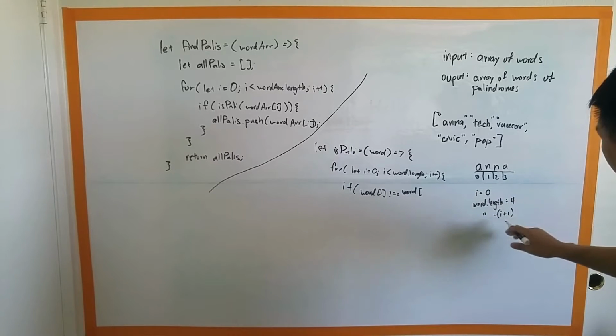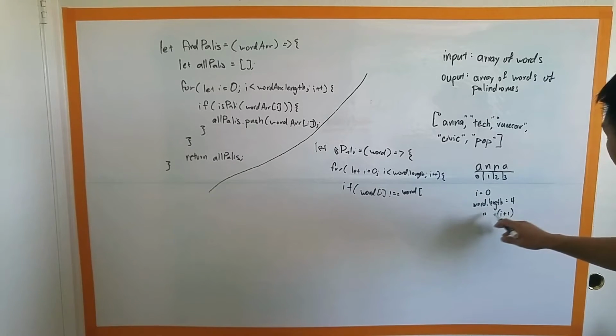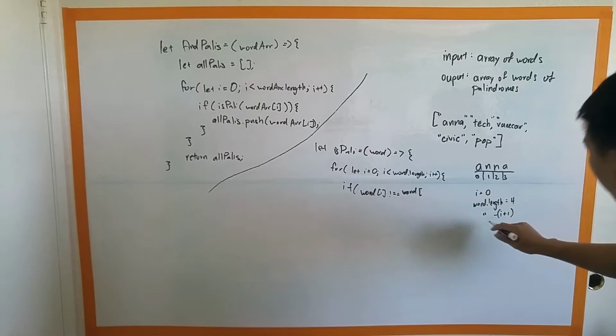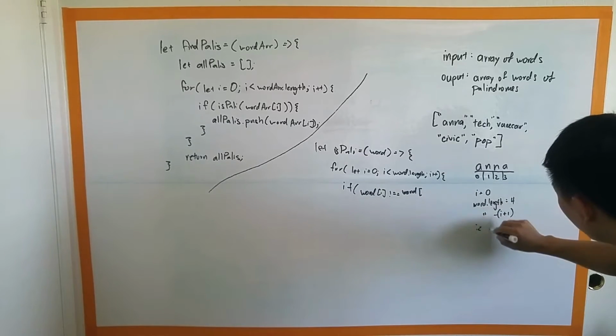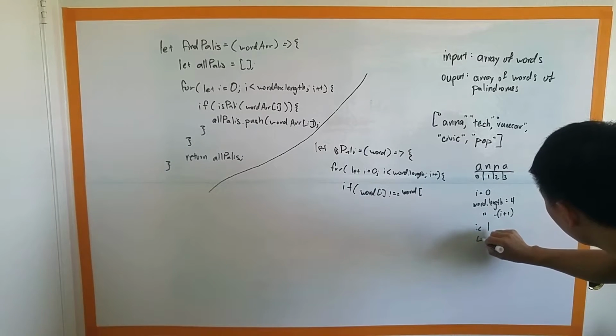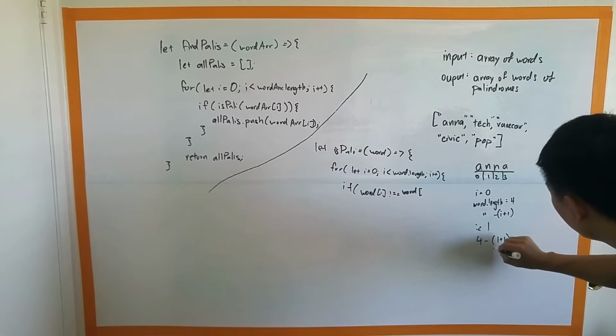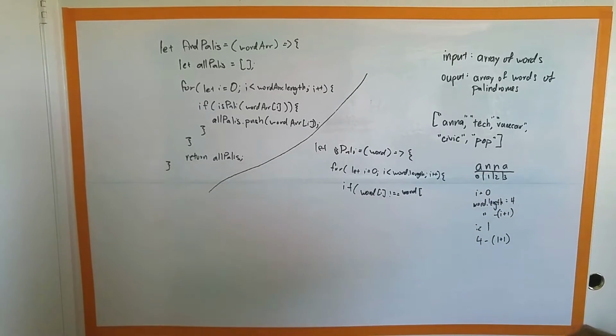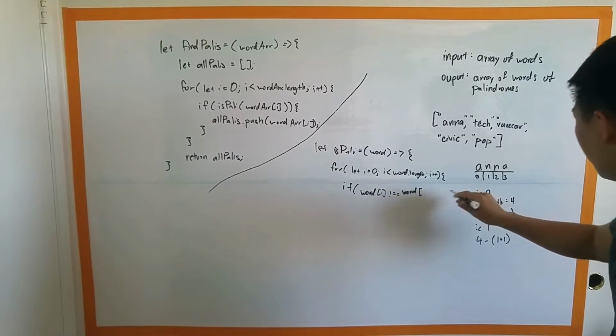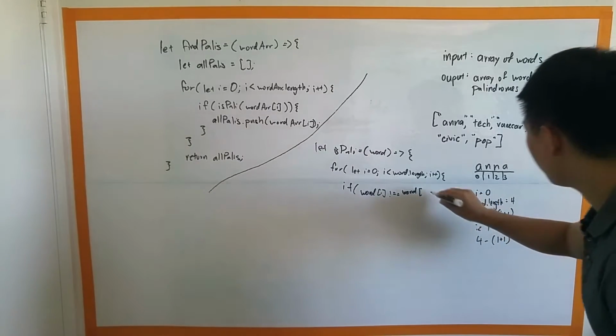When i is 0, word.length is 4, 4 minus 1 is 3. If i were 1, word.length, so 4, minus i would be 1, plus 1 would be 2, which is the corresponding letter right there. So that is what we want: word.length minus i plus 1.